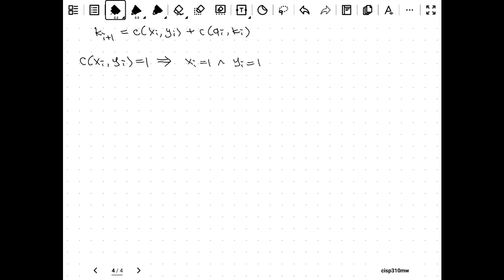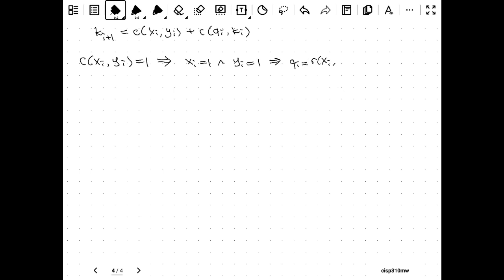This is the mathematical symbol for and. Sometimes I just switch to the math symbols. If that is the case, can I make a conclusion about Q of I? In other words, how is Q of I defined? It's the R of xiyi, right? So we'll write it down.